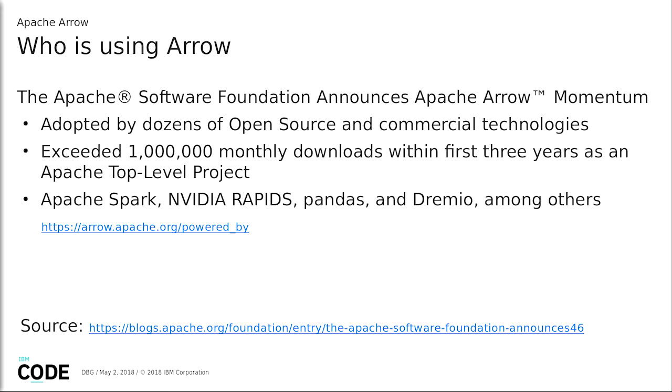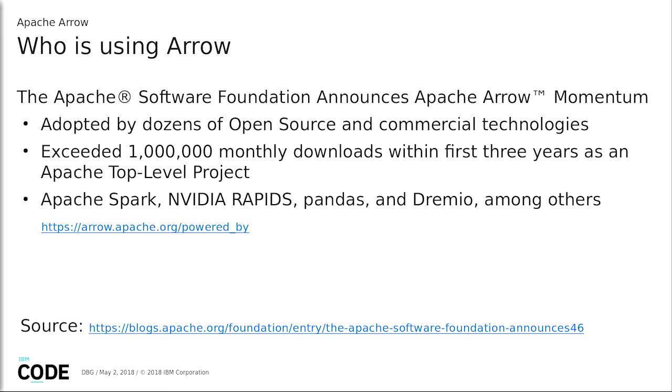Now, the great thing about Arrow is that it's already been used by lots of different places and projects. This is an excerpt from a blog from the Apache website, and they highlight the different new technologies that have been taking advantage of Arrow, and the amazing momentum that it's had over the past 3 years since it's been a top-level project.